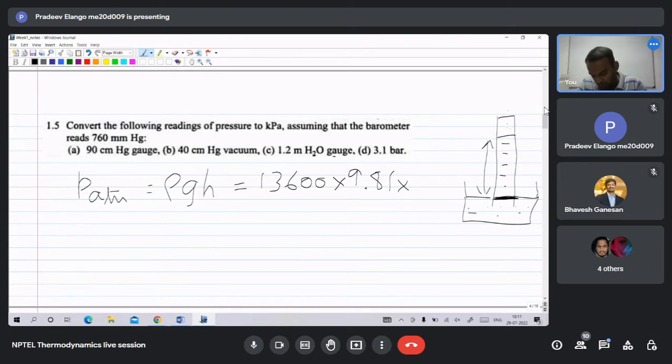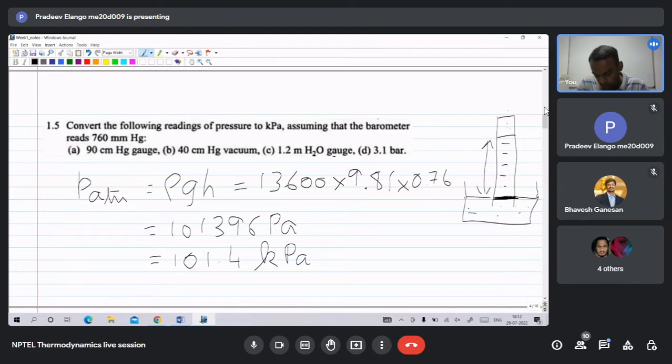So 760 mm is 0.76 meters. So we have 101,396 Pascal. Putting this in kilopascal, we can write 101.4 kilopascal.